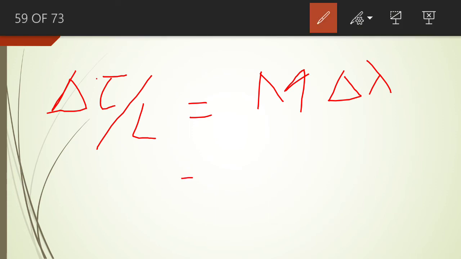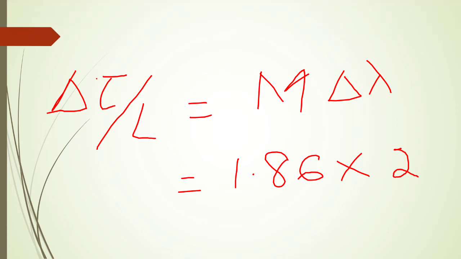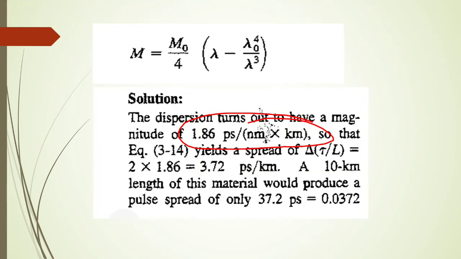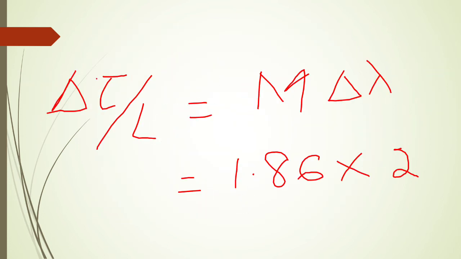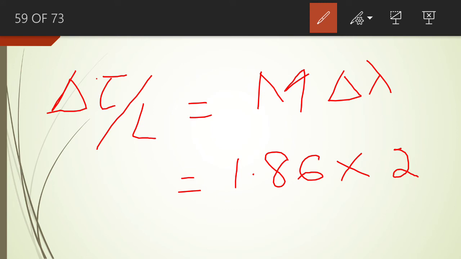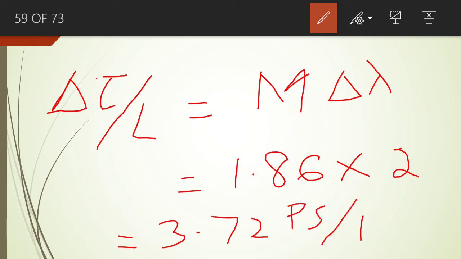We have 1.86, this is the value of m, multiplied by 2 nanometer, which is the value of delta lambda. So the pulse spread per unit length in this particular case will be 3.72 picosecond per kilometer.